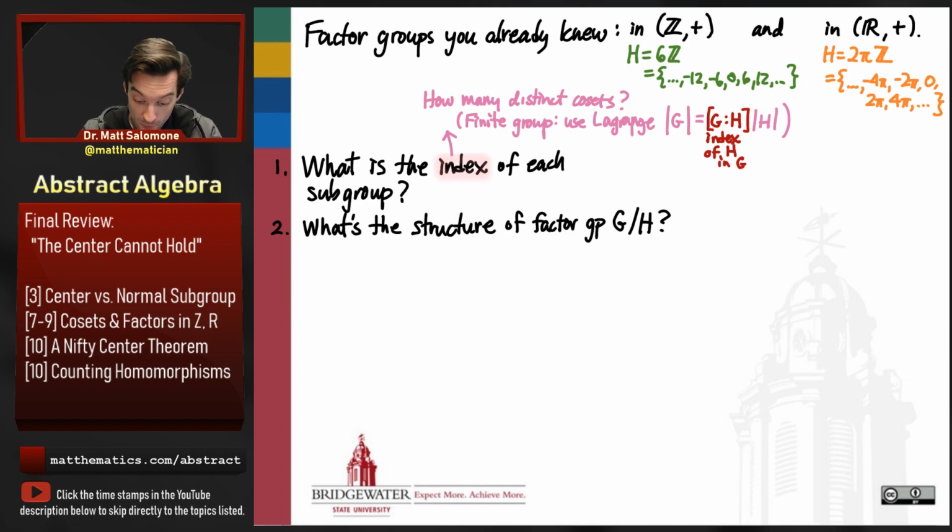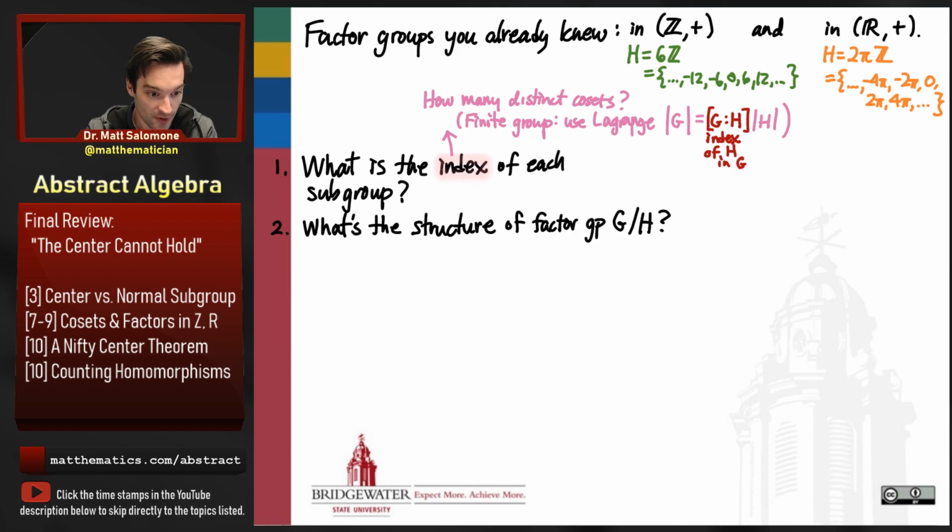Let's start with the additive group of integers and using as my subgroup the multiples of 6. So let's go to the rows by columns metaphor, because I use that one a lot. It's got some limitations, but I also think it's a really powerful way to gain a first understanding of how factor groups work. So I'm just going to open a spreadsheet window here.